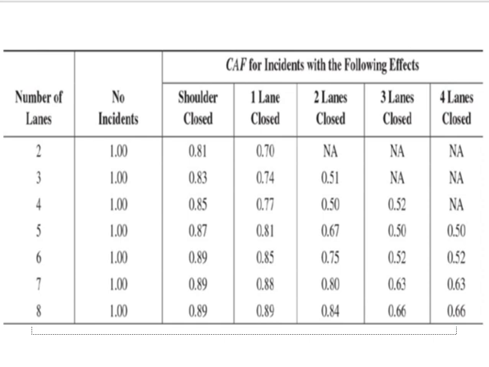It cannot be predicted, because the number of lanes is already too low. There are 2 lanes in the first row. So how can you have 4 lanes closed? You would have to close the whole highway.